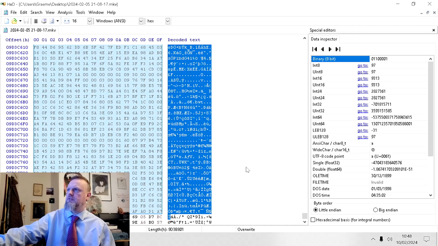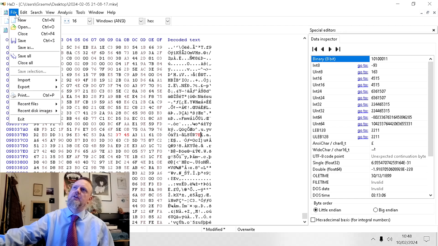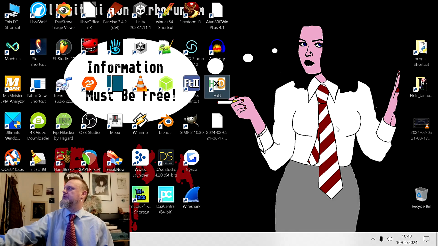Replace all. So 5016 occurrences of 7F have been replaced with 7E. Then I'm going to save, and then I'm going to explain what I actually just did there.